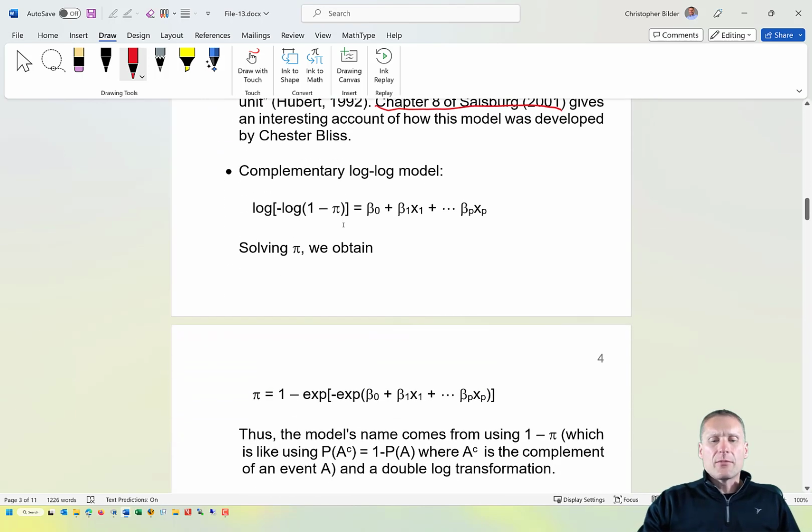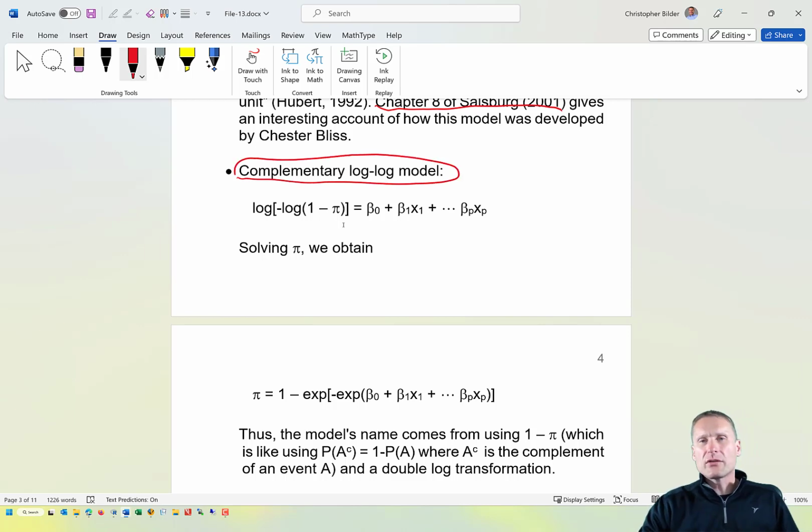Now, another kind of model in the same framework is what's called a complementary log-log model. Where does the name come from? Well, take a look at how this model is written here. You have a 1 minus pi here, which is kind of like what would happen if you were to take a complement of a particular probability. So that's where the complement comes from. And then we have the natural log of the negative natural log of 1 minus pi. So there's where the log part comes from.